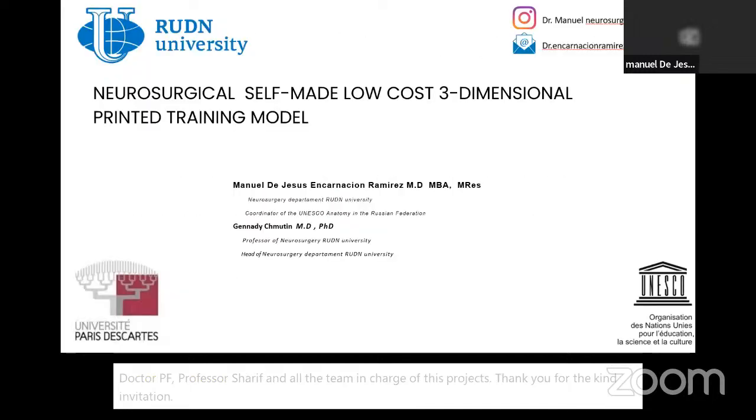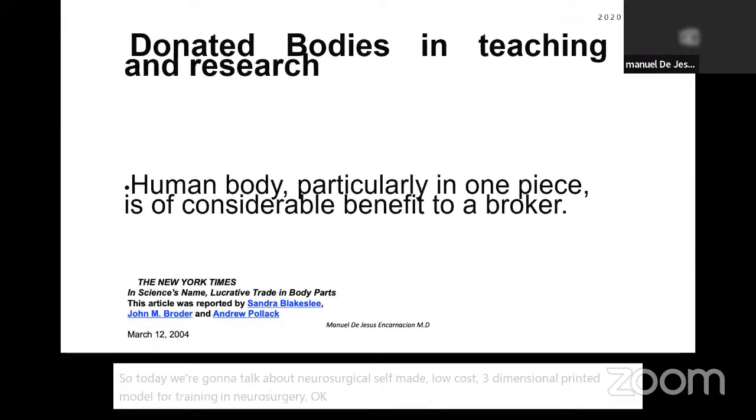So today we're going to talk about the neurosurgical self-made, low-cost, three-dimensional printed model for training in neurosurgery, in spine surgery. So first we need to know why these kinds of models are important, why they're useful for us.